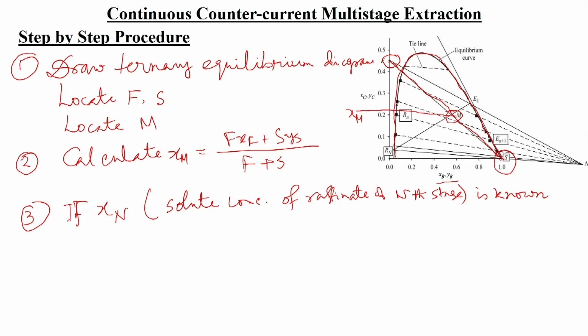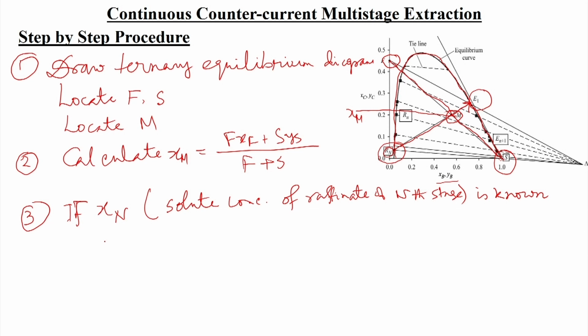Suppose x n is given, so R n is known, then we join R n and m and extend to the extract arm, and we will be getting E 1.